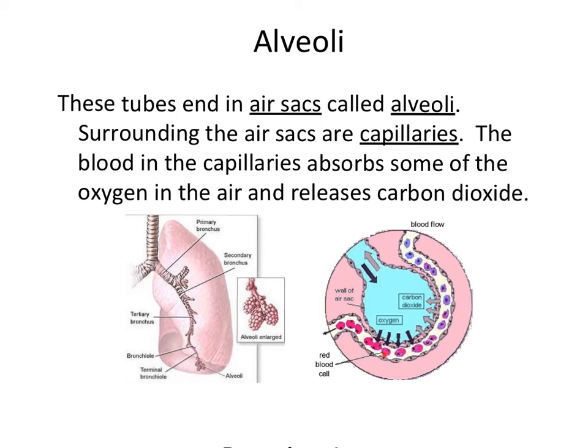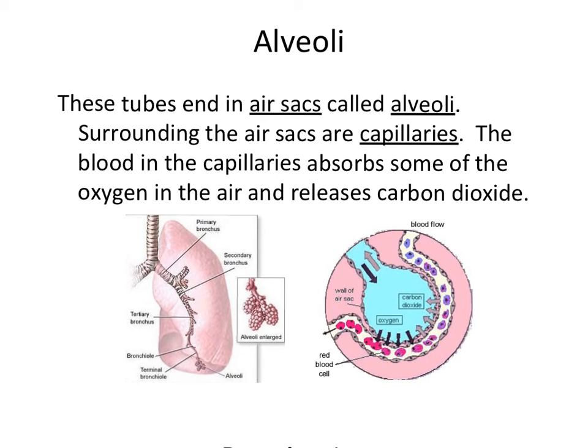Our circulatory system is what carries those two gases, and so they have to be in direct contact with our alveoli. Oxygen leaves our alveoli and goes into the hemoglobin of the red blood cells. In contrast, carbon dioxide leaves the bloodstream and goes into the alveoli in order to be exhaled.